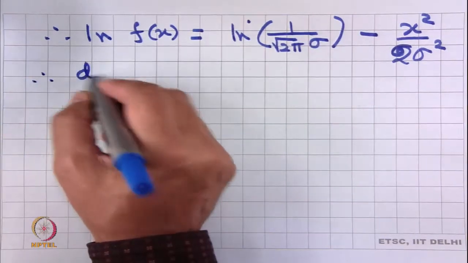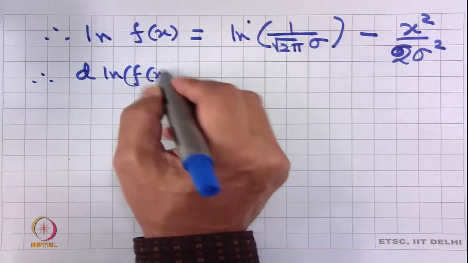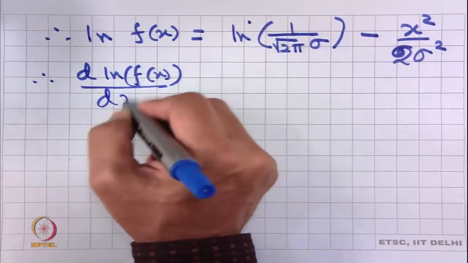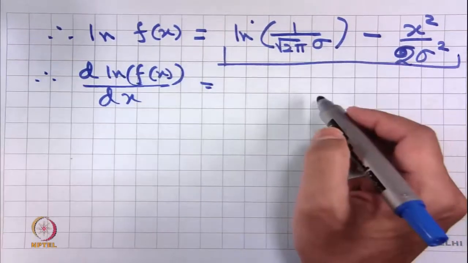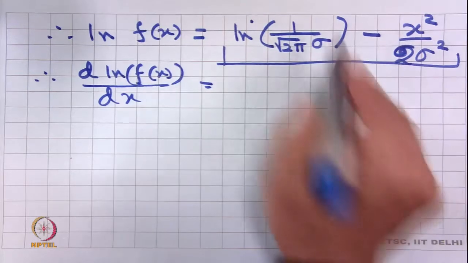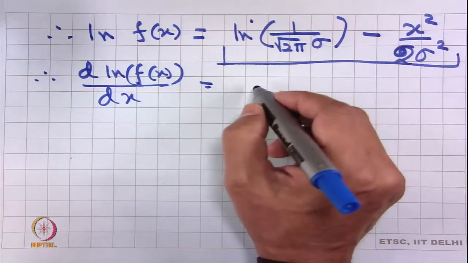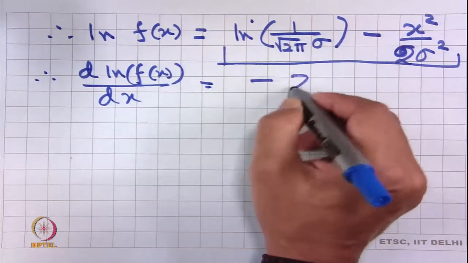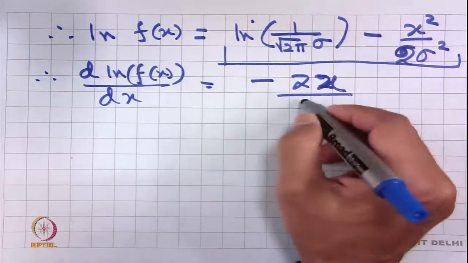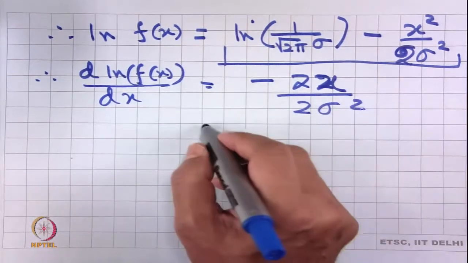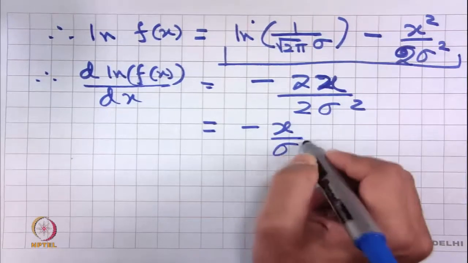Therefore, d log f x by dx is equal to, we are differentiating this with respect to x, this becomes 0 because it is a constant, and what we are getting is minus 2x upon 2 sigma square, which is minus x upon sigma square.